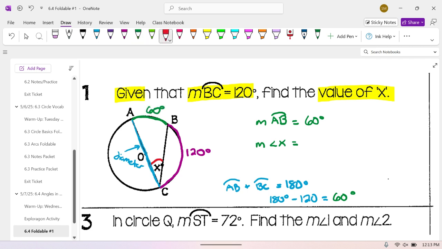Thus, to find my inscribed angle, I have to do what to get angle X? So we just said it earlier. We have the intercepted arc. How do I get the inscribed angle? So how do I get this angle right here, if I'm given this arc?